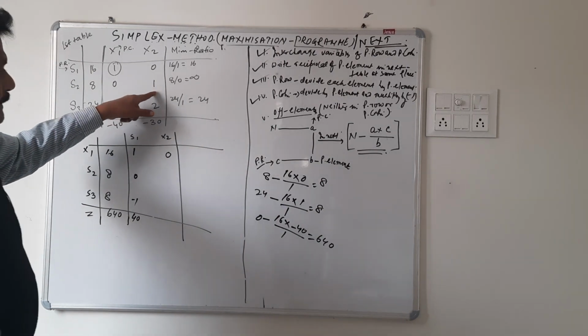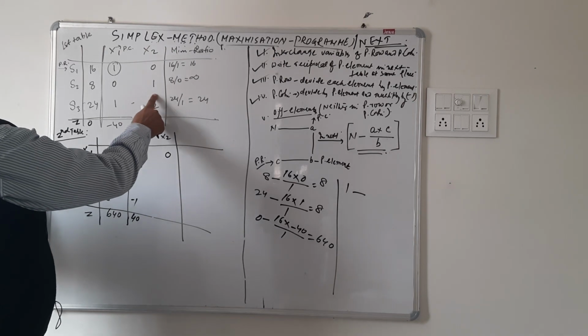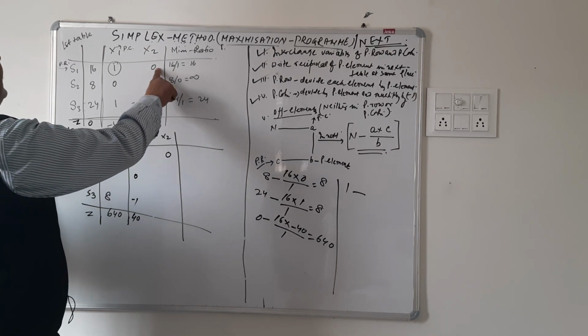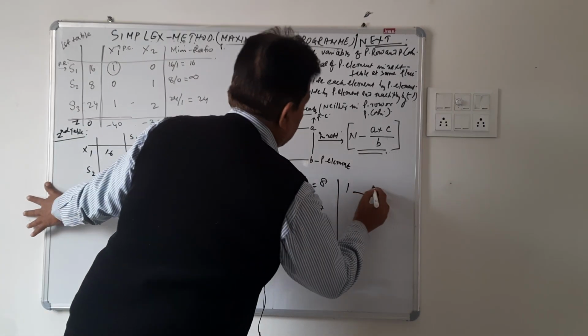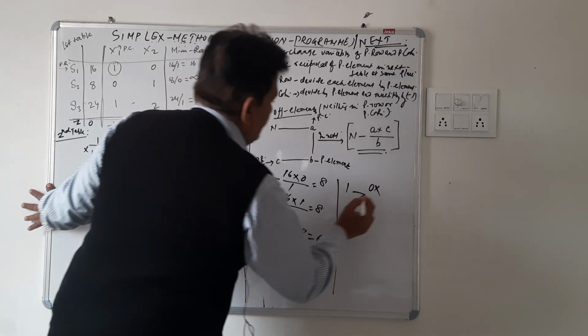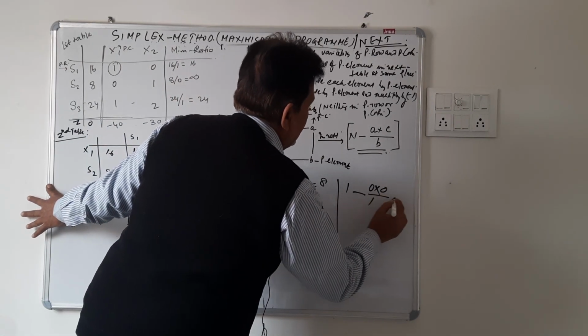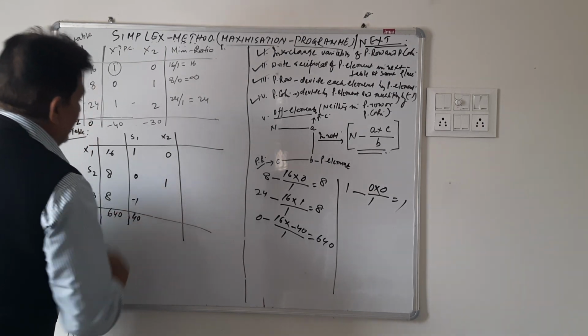Now this 1 minus corresponding element in the pivot row was 0, corresponding element in just pivot column was 0 and pivot element was 1. So this is 1. So this 1 will be 1.